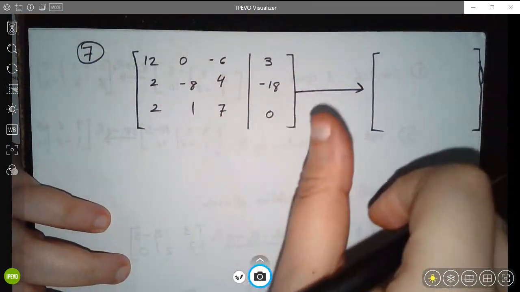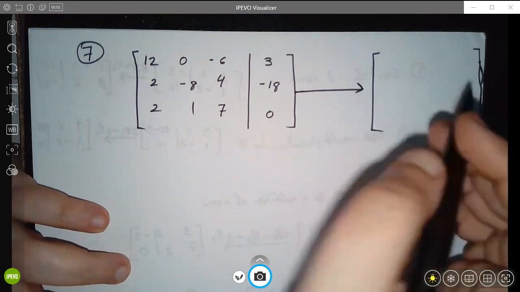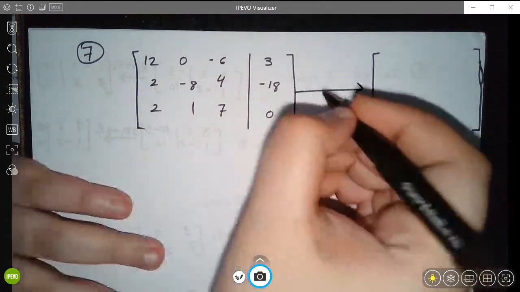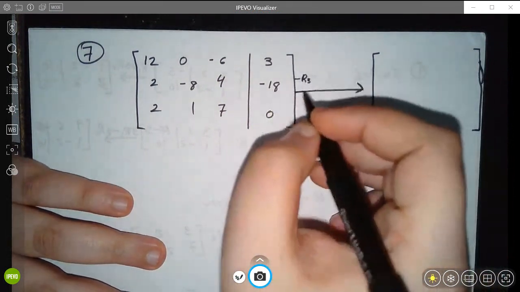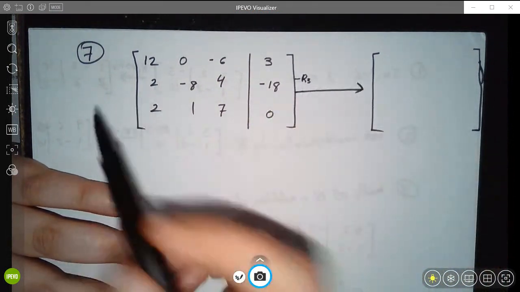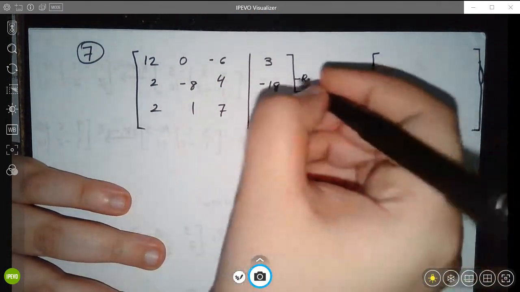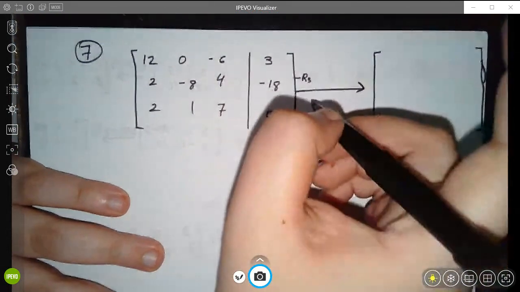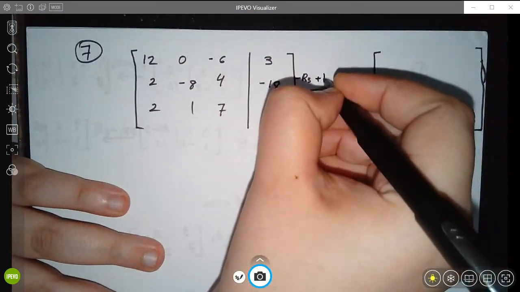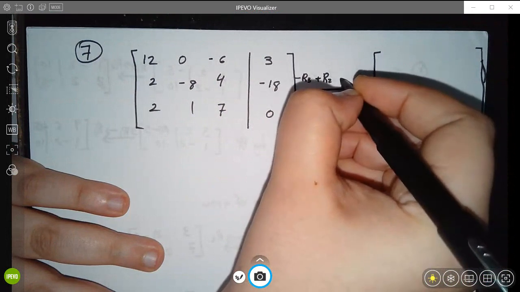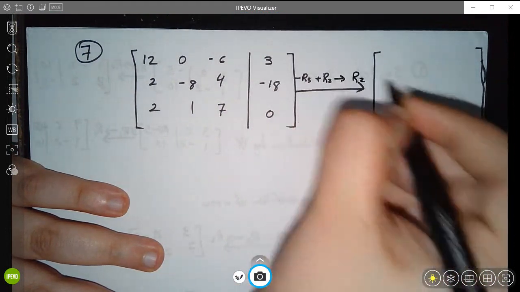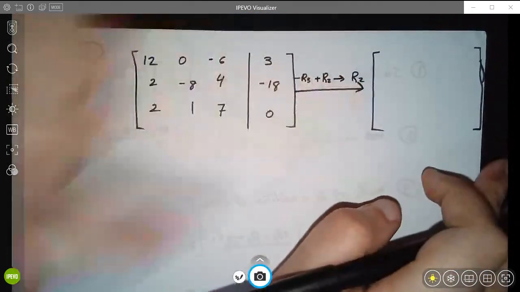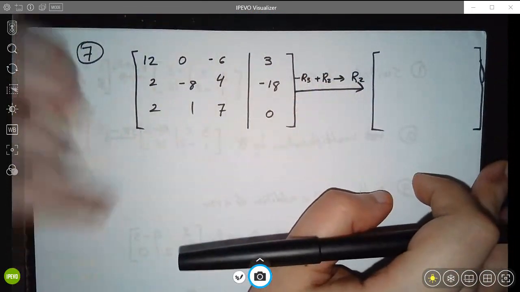All right, so here's what I want you guys to do. We want to do a negative R3. So by that I mean I'm going to turn everything you see negative, multiplied by negative, right? Negative R3 plus R2, and this equals my new R2. So in the new matrix, which row am I going to change?